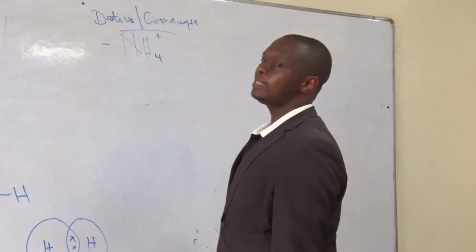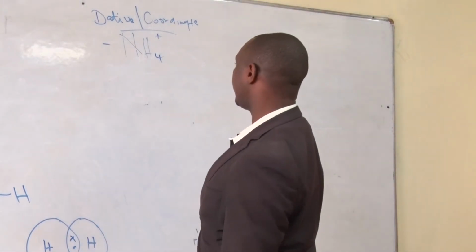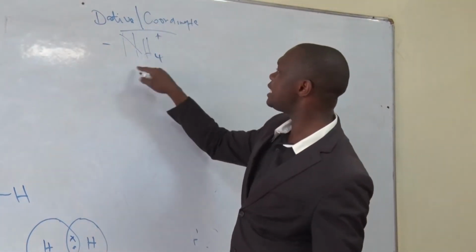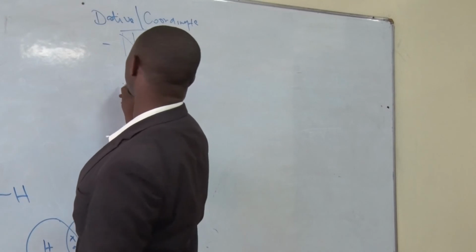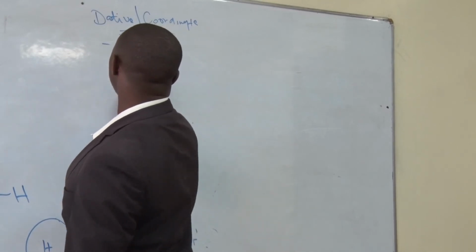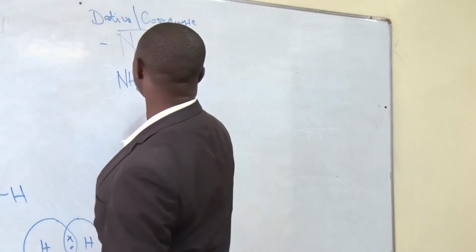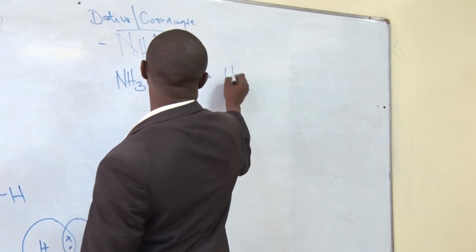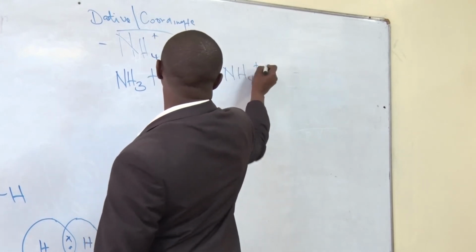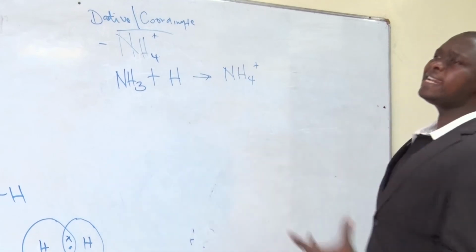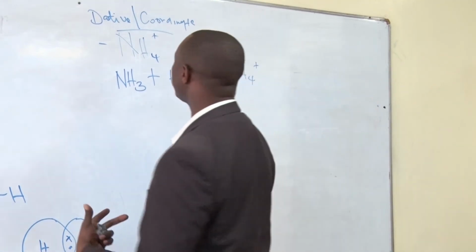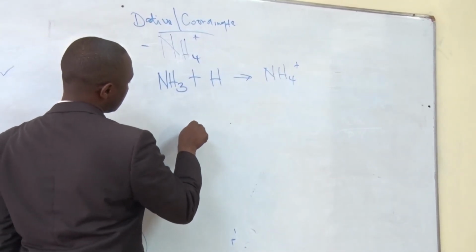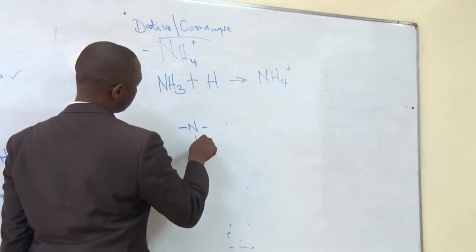where the shared electron come from the nitrogen molecule. So how do we form the ammonium ion? So ammonium ion is formed when we combine the ammonia plus hydrogen to give us the ammonium ion. So the shared electron is actually coming from the nitrogen. So we are going to have our nitrogen there. This is ammonia.